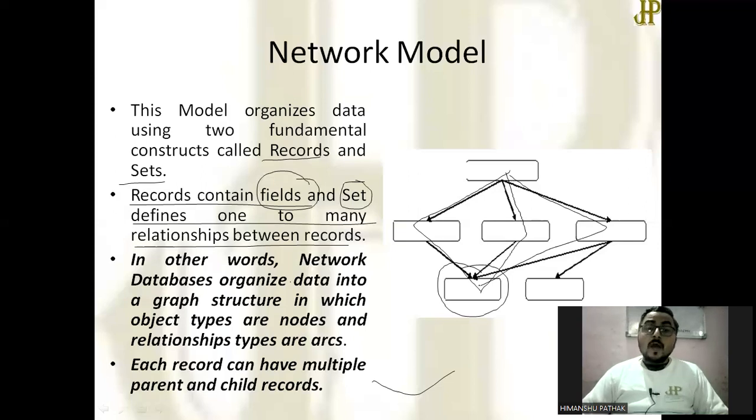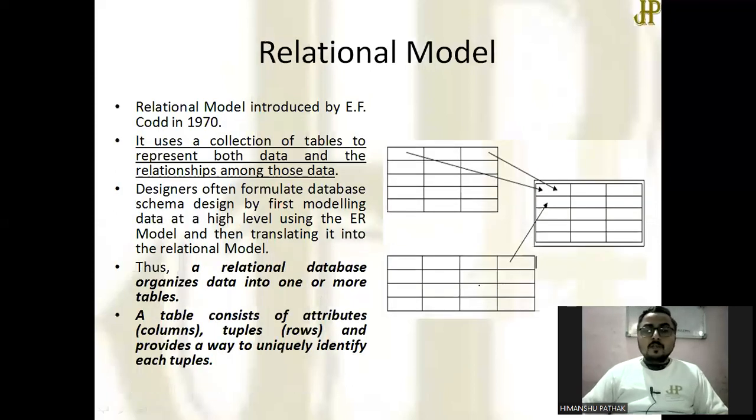So you have to search which path is the shortest one. That's why it is a little bit more helpful than the hierarchical model. Okay.